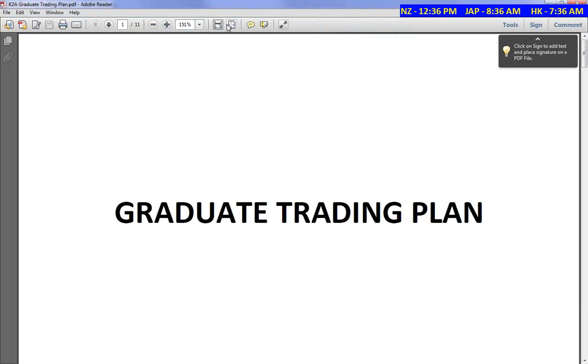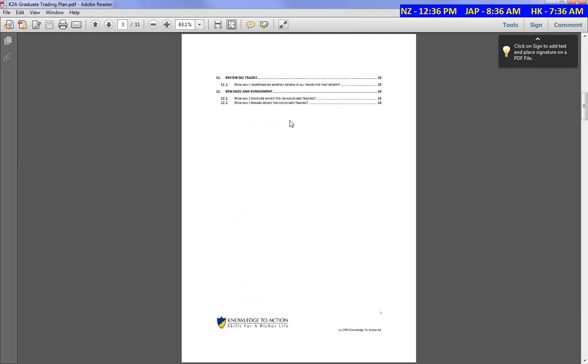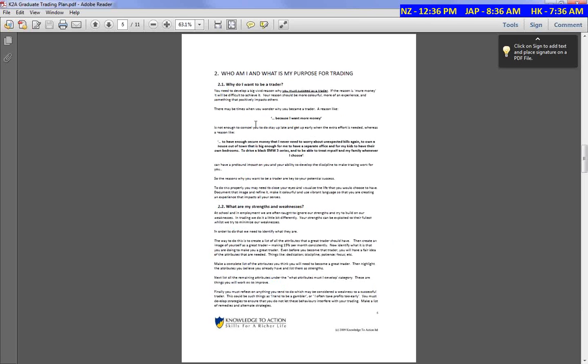All right, so this is something that you could complete. So in terms of going through this, what are your trading goals? What are your monthly trading goals? Instruments and timeframes. Well, that's all pretty simple. What is my purpose for trading? Affirmations, what my strengths and weaknesses are.